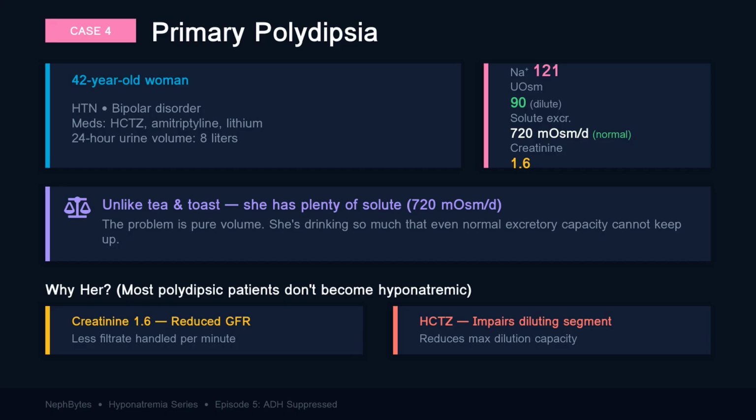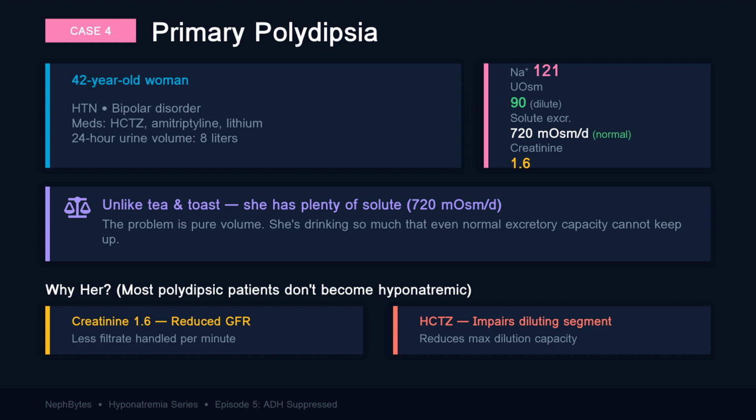The thiazide reduces the kidney's ability to generate maximally dilute urine. The combination of massive intake, reduced GFR, and impaired diluting capacity tipped her over the edge that most polydipsic patients never cross. The cause of the polydipsia is also worth investigating.